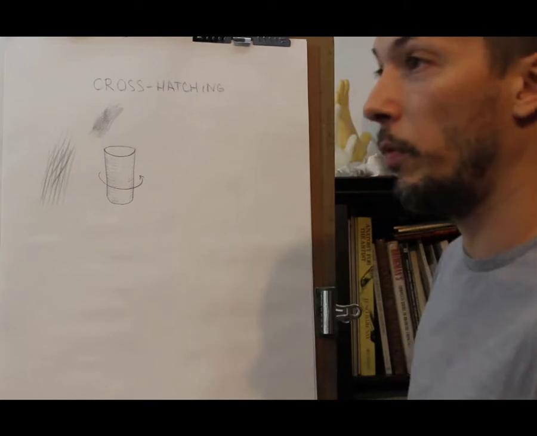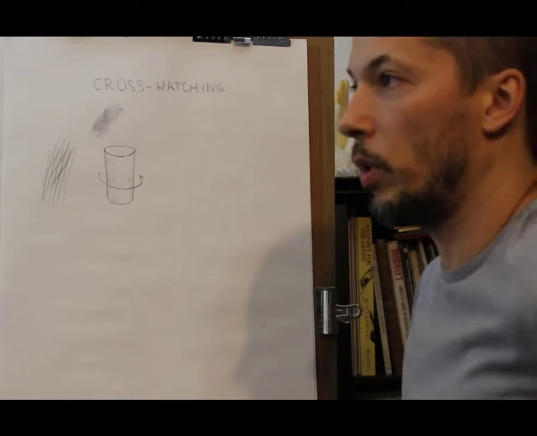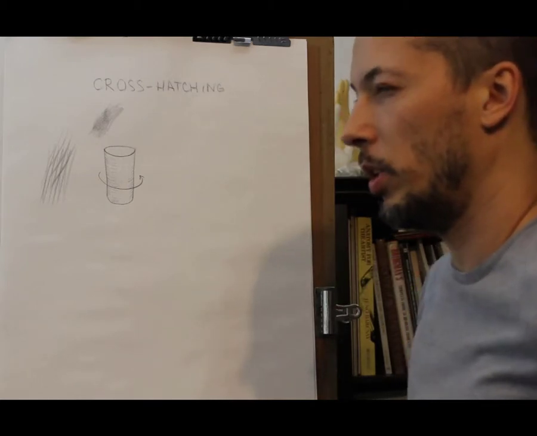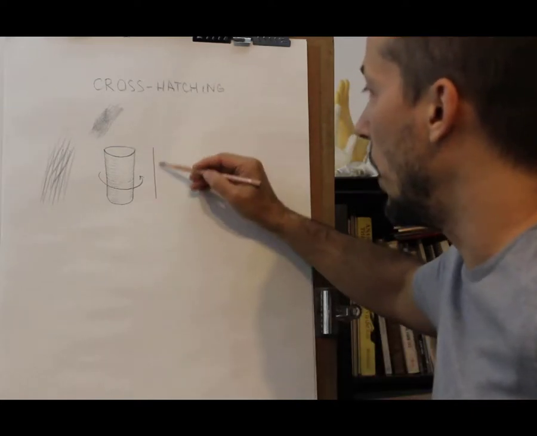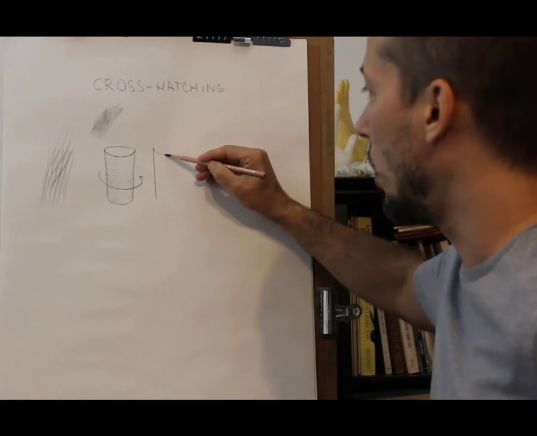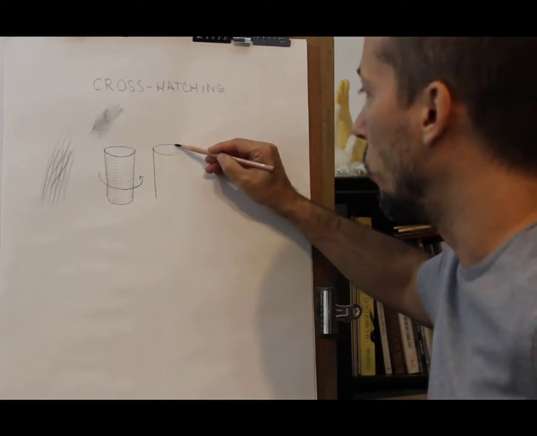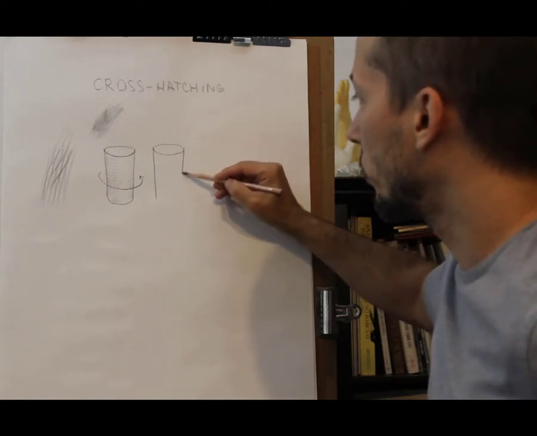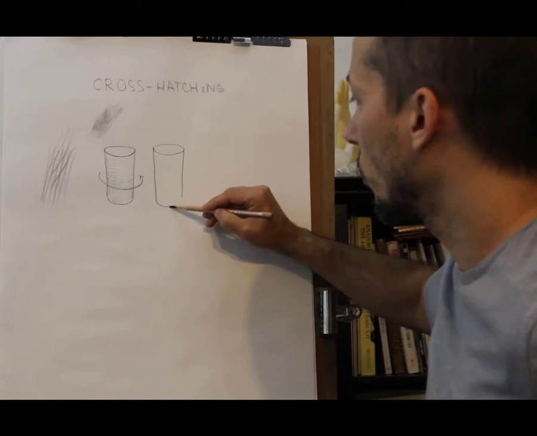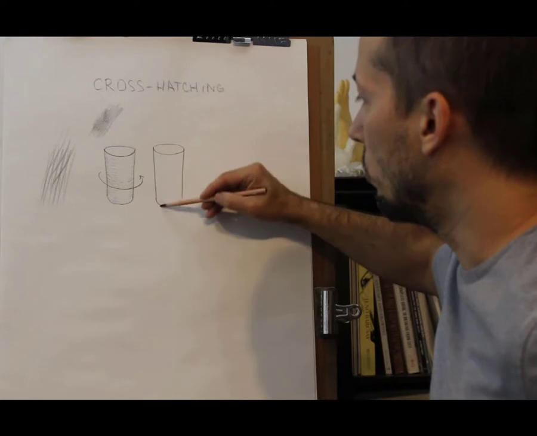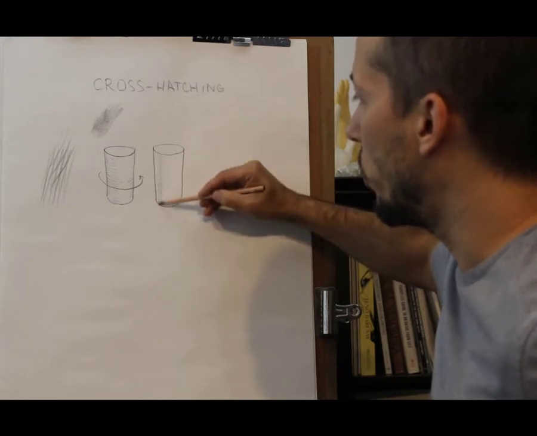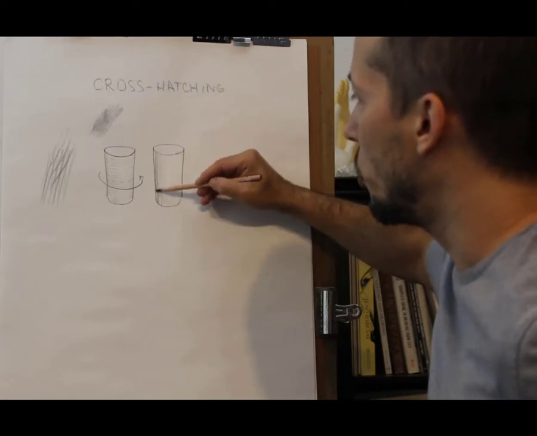The other way, though, the more efficient way, and that's what I try to suggest, which is a little bit more counterintuitive, is to do the same thing, but instead of going across, I would go along the form. So I would think about what the form is doing and how it's turning towards the edge.